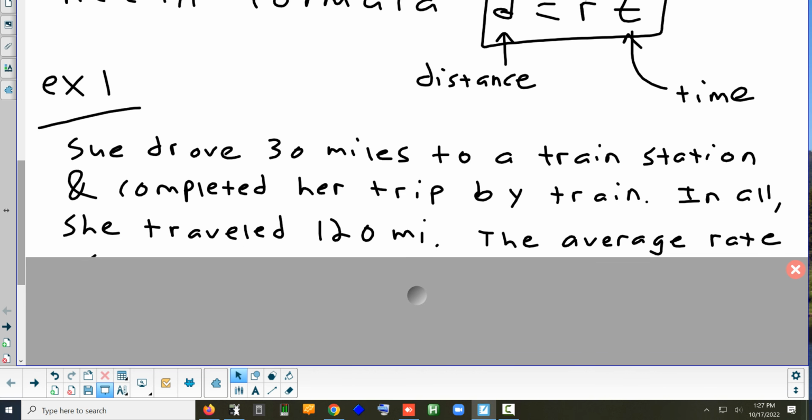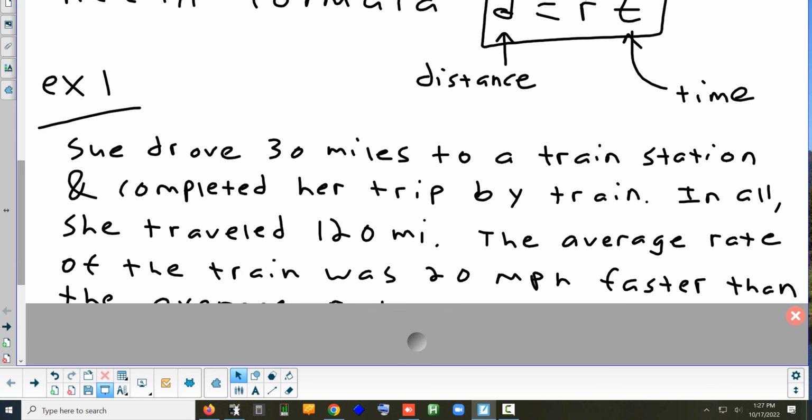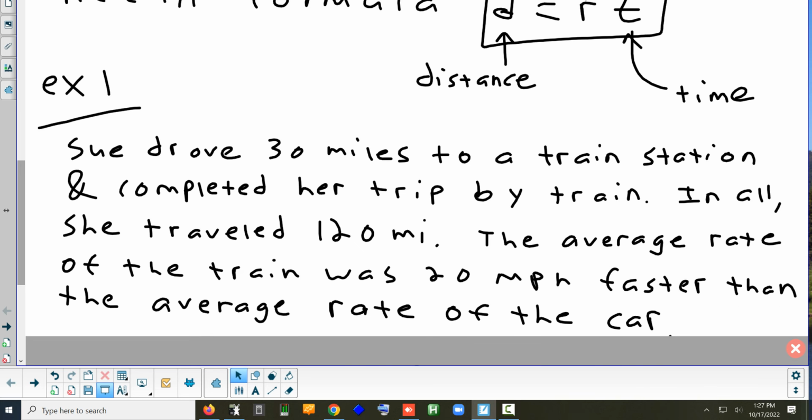It says, in all, she traveled 120 miles. So, based on that, you should be able to figure out how far the train went. If the car took her 30, the train took her the rest of the way. We'll write that down. We don't know the exact speed of either the car or the train, but all we know is the train was 20 miles per hour faster than the car, on average.